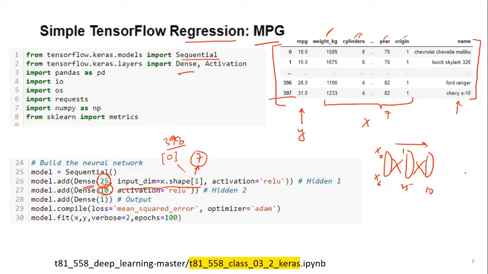And then what's the final output? How many outputs in the output layer? Just one. And why do you think there's only one? It's regression and not classification. If it was classification, and you were trying to classify one of three outputs, you would have three outputs. So this is only y sub i, and the loss was what we typically calculate as the mean squared error.